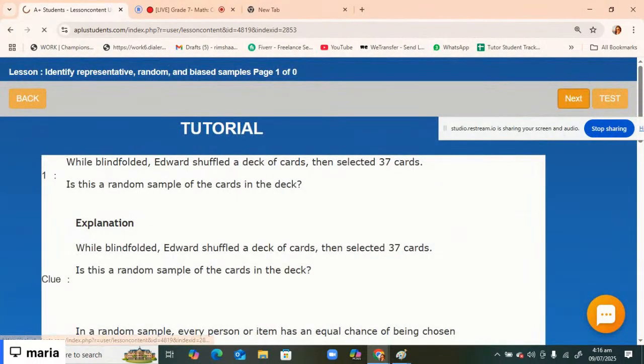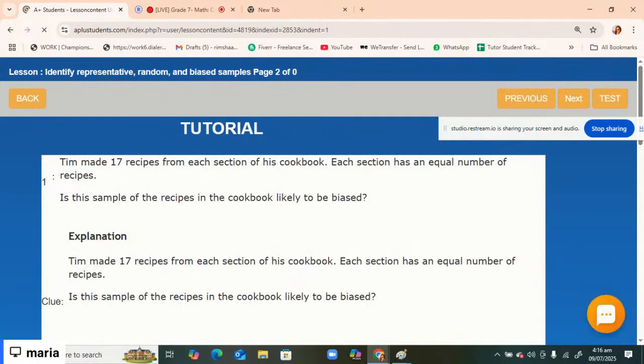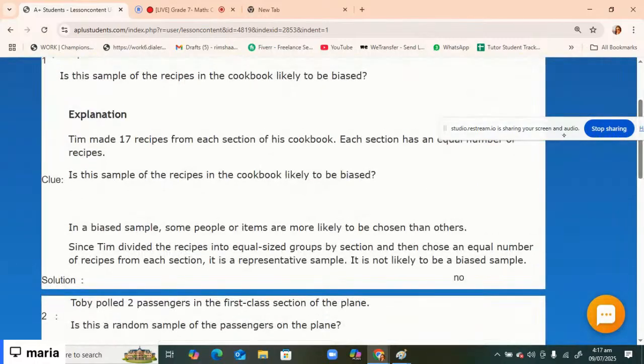Now, we can say that Tim made 17 recipes from each section of his cookbook.